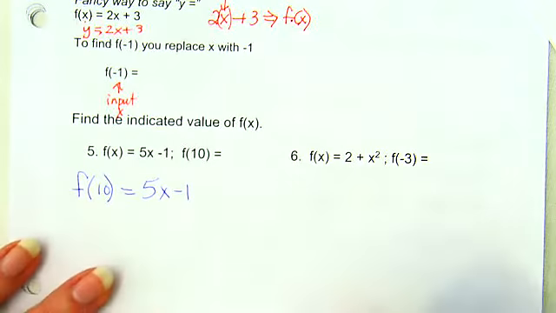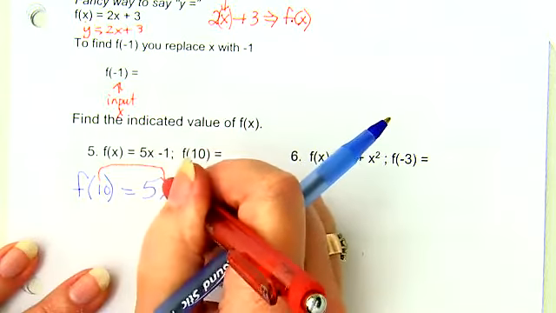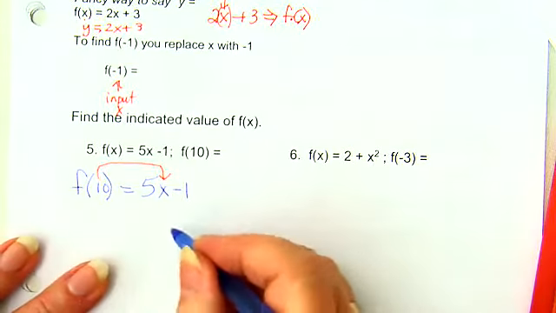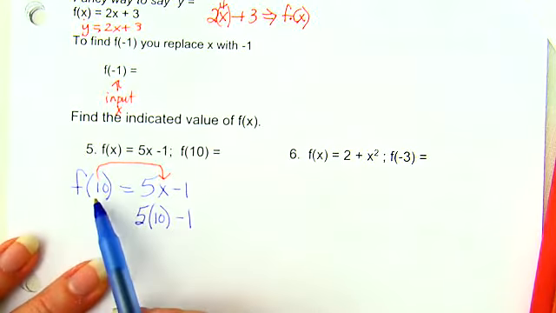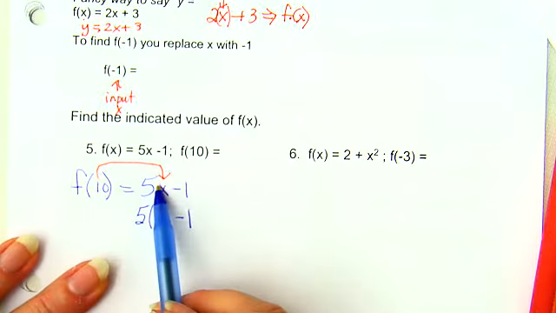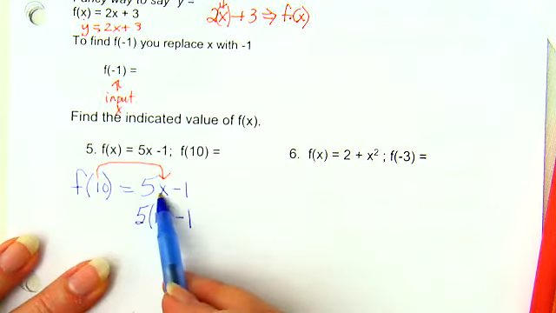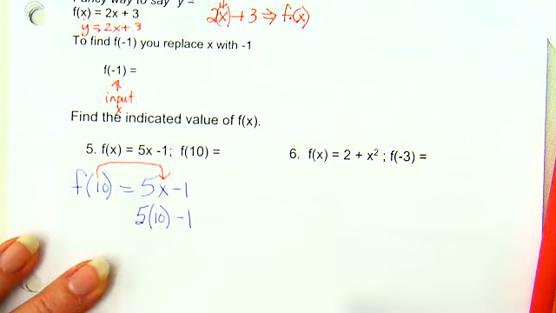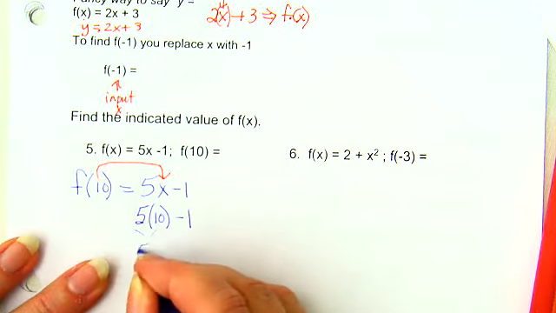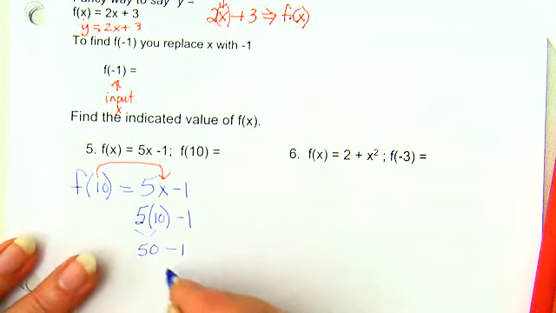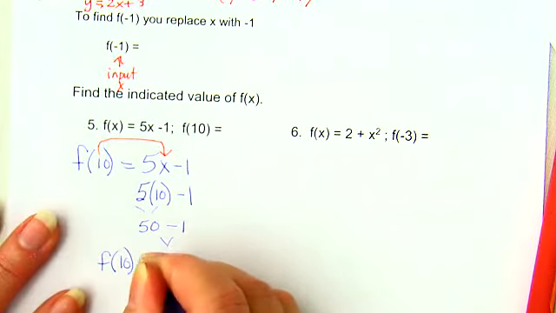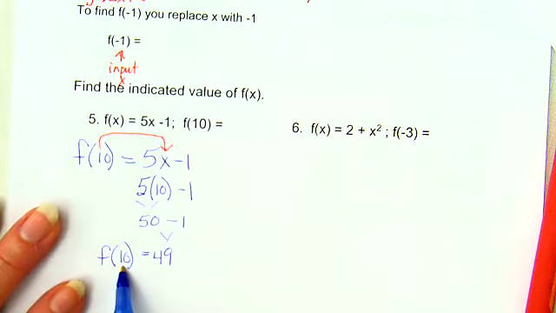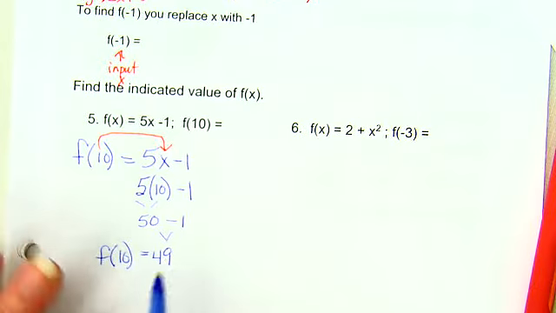I'm going to take this 10 and bring it into where I see the x, and notice I bring the parentheses with it. So instead of 5x, it's 5 times 10. So 5 times 10 is 50. Then I subtract 1, and my final answer is 49, which means the value of this function when x is 10 is 49.